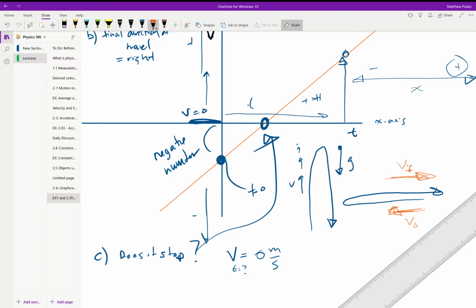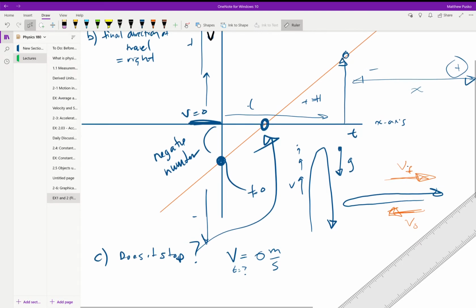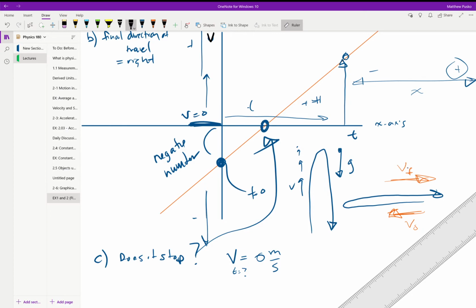Okay, I think there's one more part on this one. Is the acceleration positive or negative? Since this is a velocity versus time graph, I'm trying to give you some time to think about it. I'm not hesitating myself. Think about it for a second.